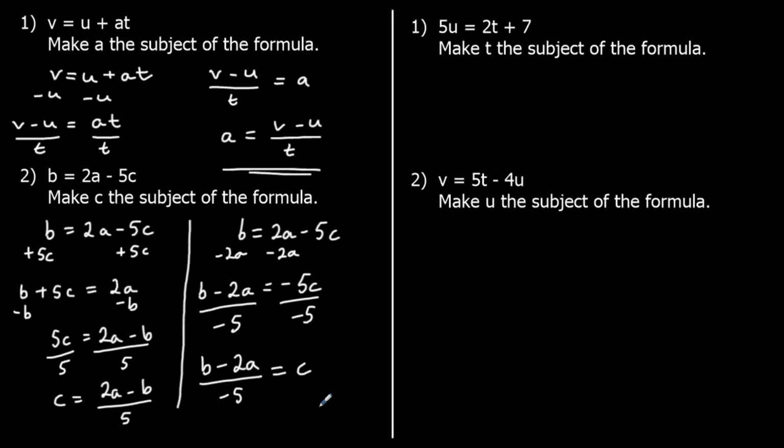And that is a correct answer. It's better to not have a negative on the bottom of the fraction. So this one looks nicer, but it would still be a correct answer. And you could, if you wanted to, multiply top and bottom by negative 1, which would get you the same answer.